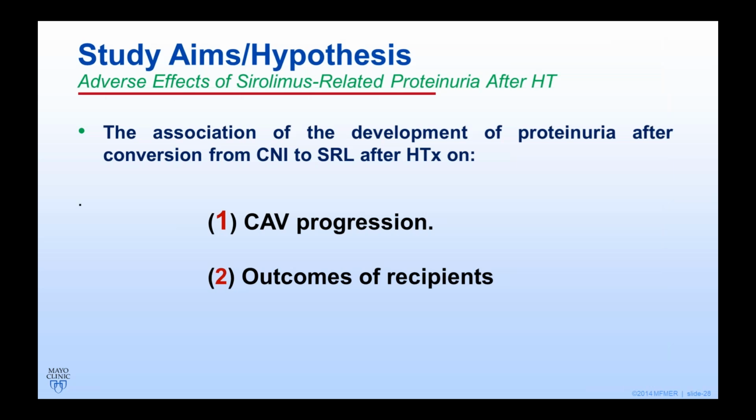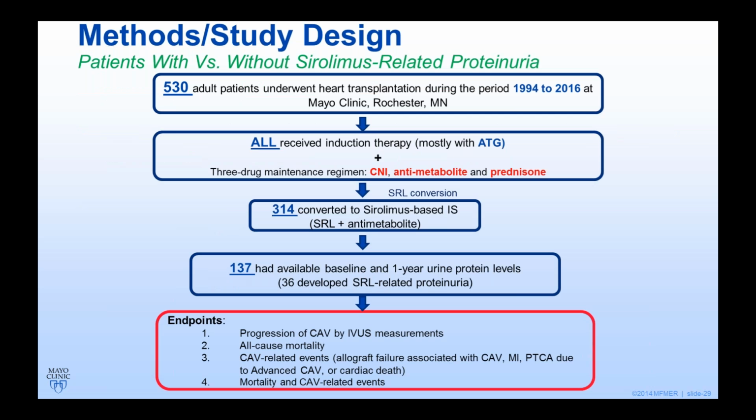So the aim of this paper was to look at the association of the development of proteinuria after the conversion to sirolimus on progression of coronary allograft vasculopathy and on outcomes of the recipients. There were 530 adult patients who underwent heart transplantation between 1994 and 2016.